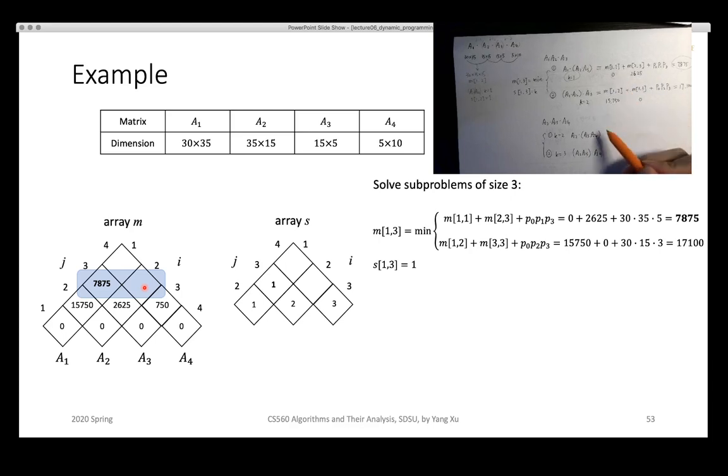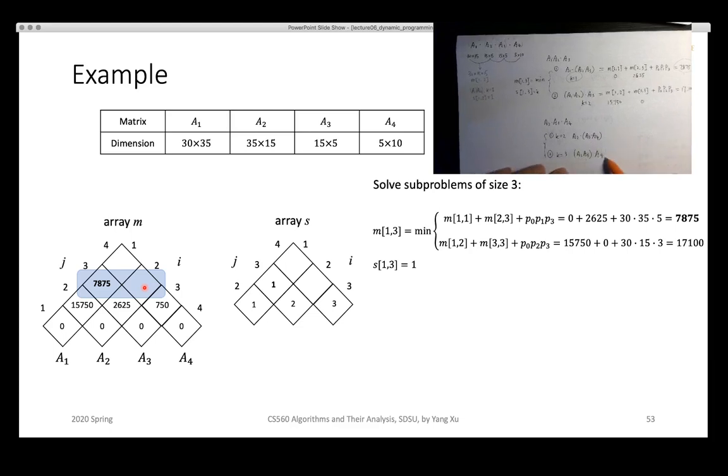So we need to refer to the M table for A3 times A4 and A2 times A3, which we have known previously, and select the minimum value among these two options, and then store them into M24, right? And also S24 as well.